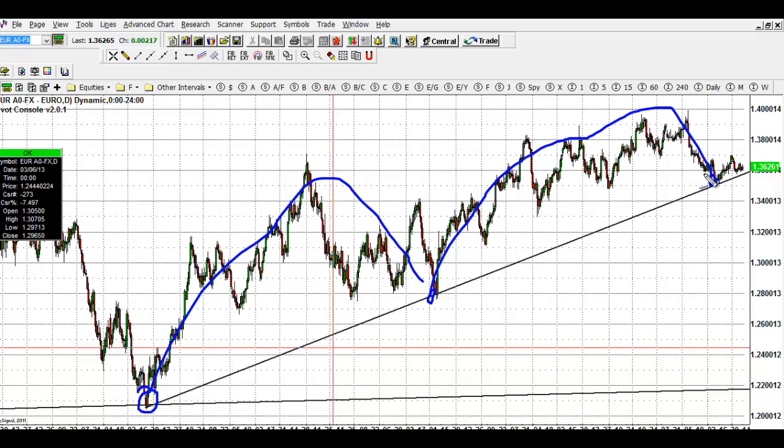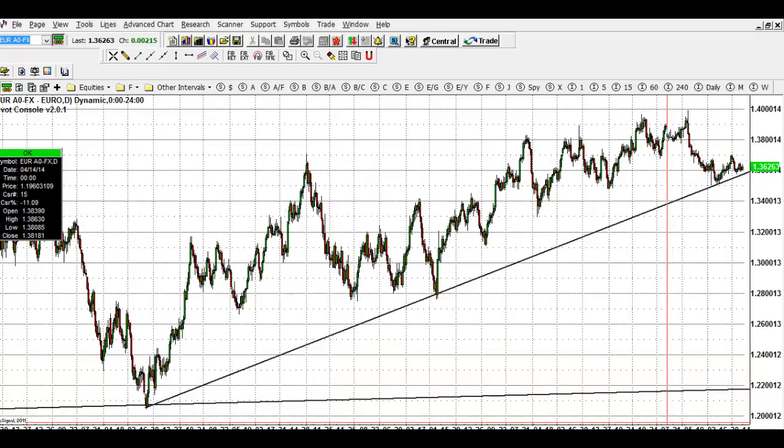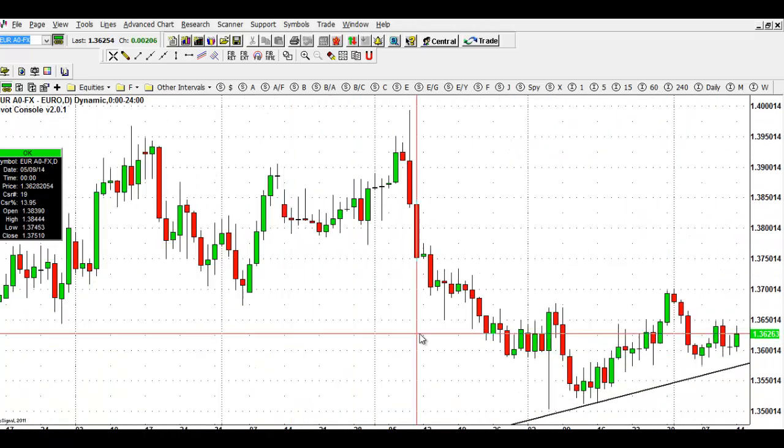So what we need to look at is to see if this general area of support holds in the market. If it holds, we could see a continuation of the uptrend in the Euro USD pair.